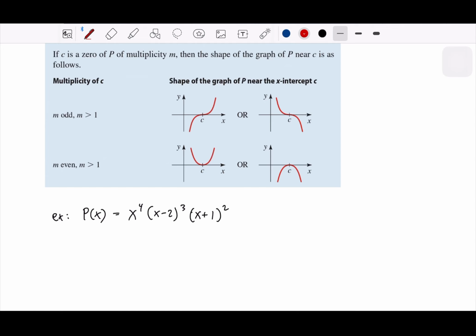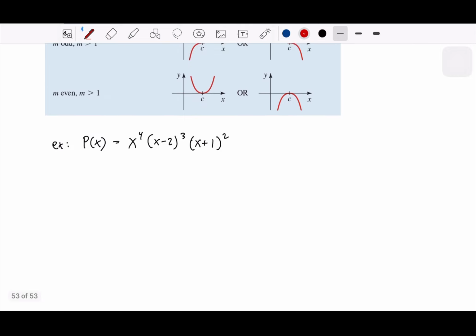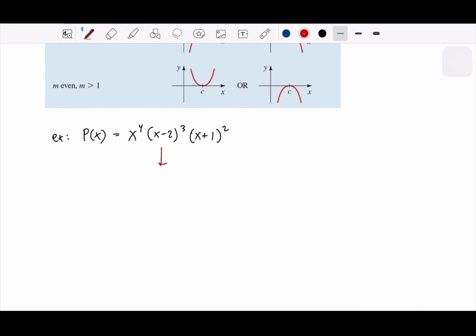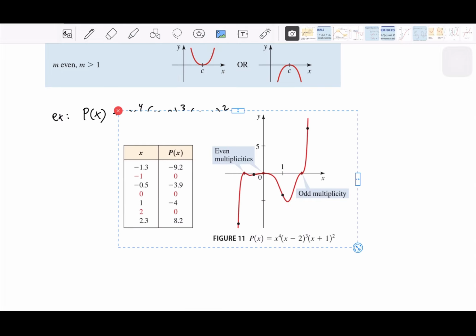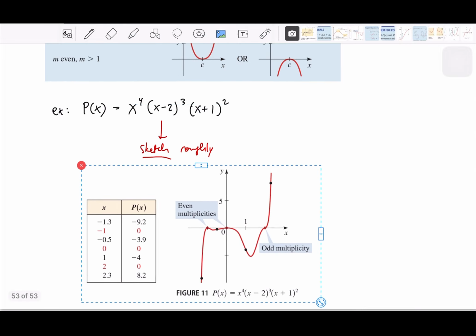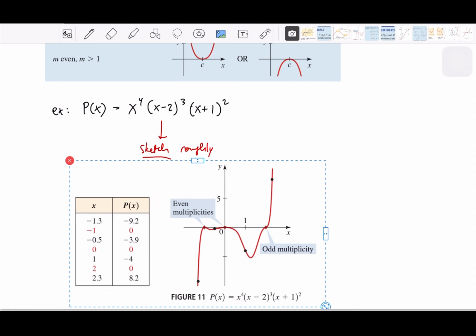Now here's the deal. Let's sketch roughly first, to show you how it looks and what the conclusions will be.